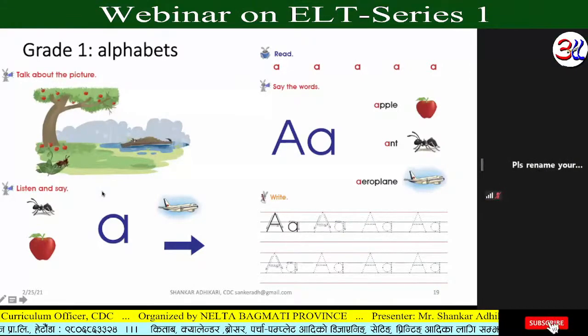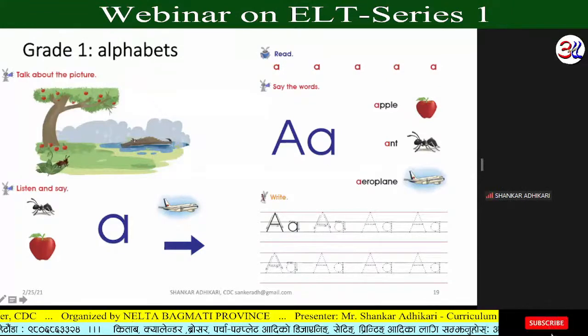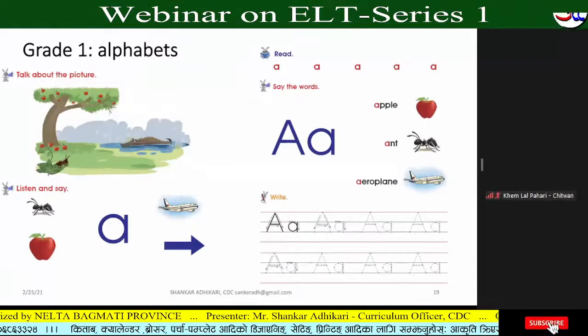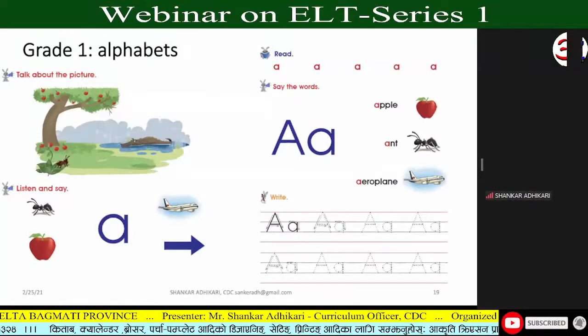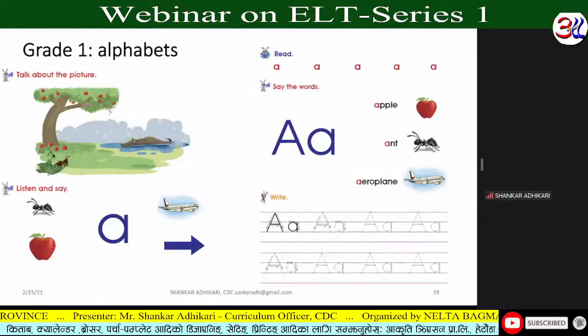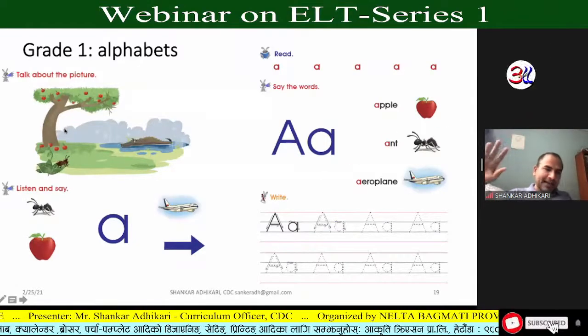But when you ask your students on the 16th day, you are not going to ask them, okay, talk about the picture. That's not the way. You can use Nepali language as well.